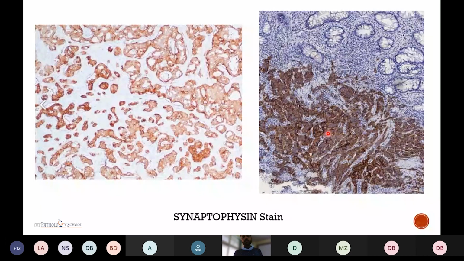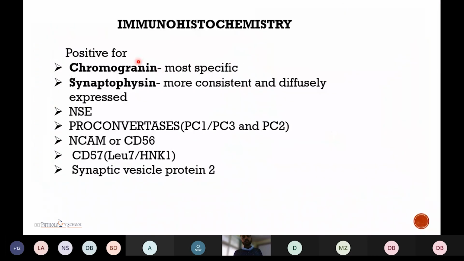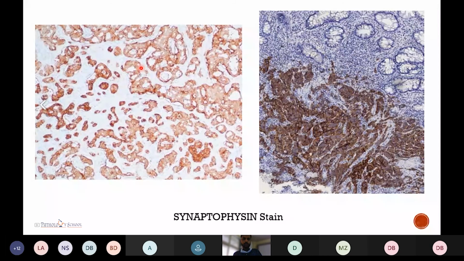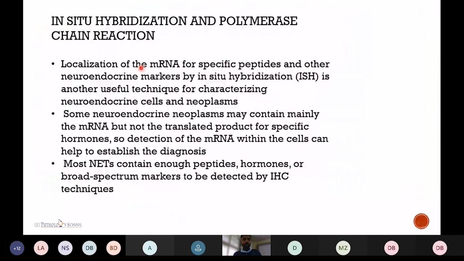Now, I missed one point about chromogranin. It can also be called parathyroid secretory protein 1, and therefore its positivity is also seen in parathyroid chief cells. Synaptophysin is expressed at gene P1123 and P1122. So this is the main thing.